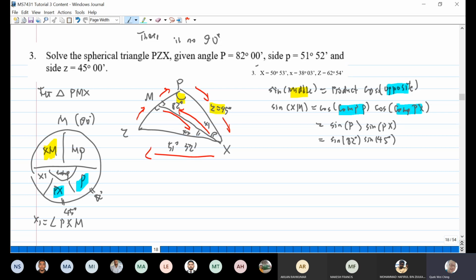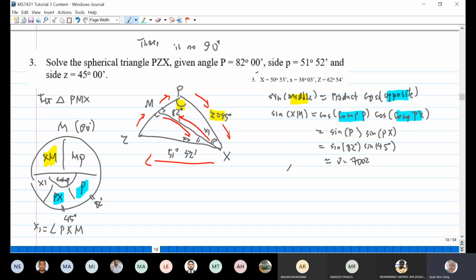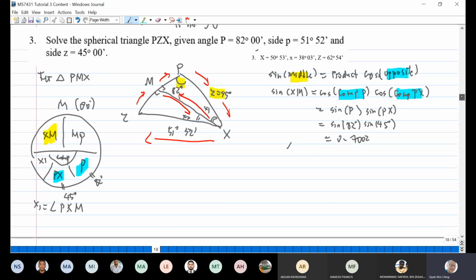So you press the calculator. Okay, sine 82 degrees and sine 45 degrees together. You get 0.7002. So you can find what XM is now.